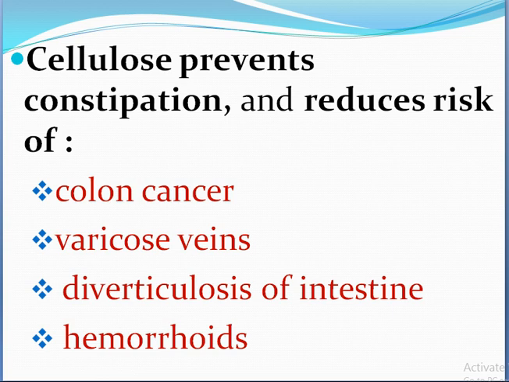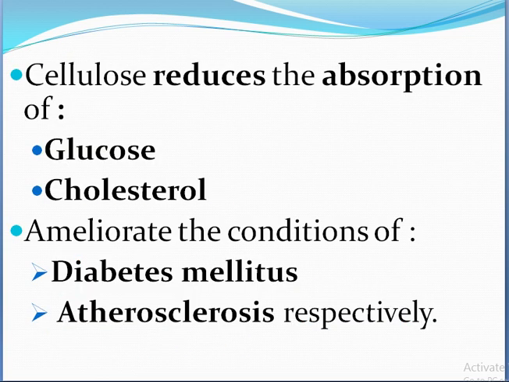It also helps with diverticulosis of the intestine, and hemorrhoids, which are swellings of the rectum. Cellulose reduces the absorption of glucose and cholesterol and ameliorates the conditions of diabetes mellitus and atherosclerosis. It can help prevent these as well.